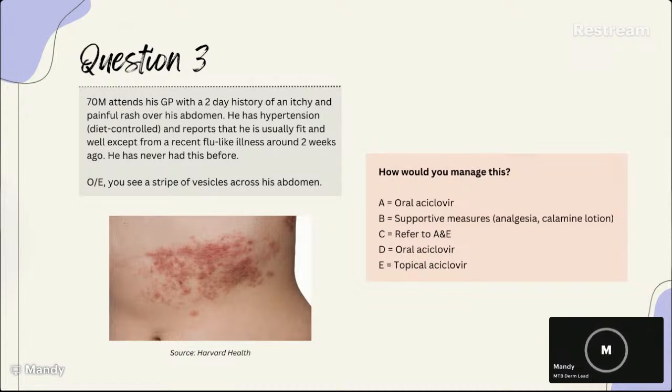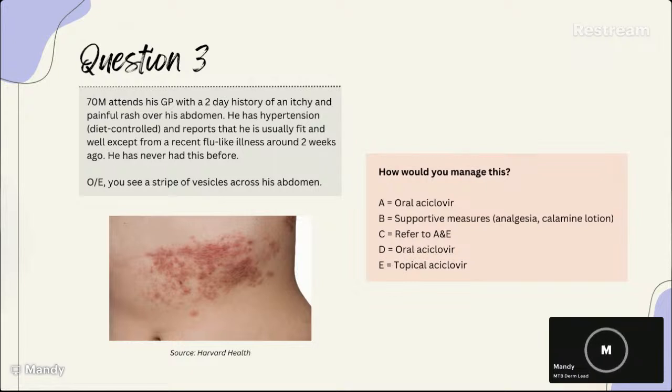He's never had this before, and on examination you can see a stripe of vesicles across his abdomen. How would you manage this? Would it be A, oral acyclovir, B, supportive measures like analgesia and calamine lotion, C, refer to A&E, D, IV acyclovir, apologies, and E, topical acyclovir.